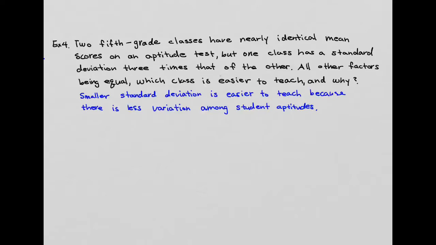But if you level your lecture to the students with the higher grades, then the students with the lower grades will be confused. They will not understand the material. So it's hard to teach when you have a bigger standard deviation, bigger gaps between two students or two groups of students.